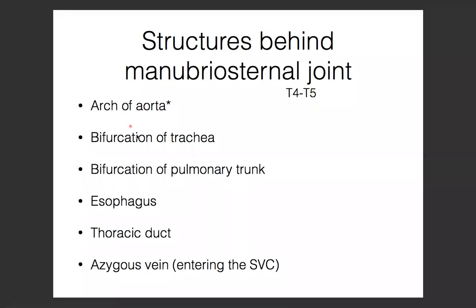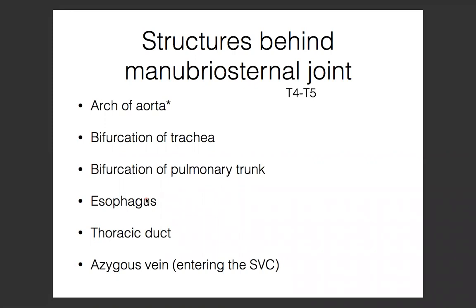So there's the arch of the aorta, there's the bifurcation of the trachea, the bifurcation of the pulmonary trunk, there's the esophagus, the thoracic duct, and the azygos vein. And specifically, the azygos vein would be entering into the superior vena cava. Okay? So there are always questions where they mention the manubriosternal joint and a structure that got damaged behind it. So you'd think of these six specifically.